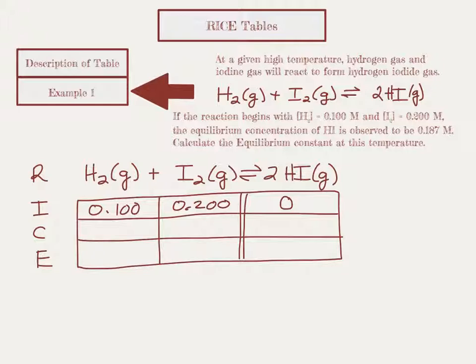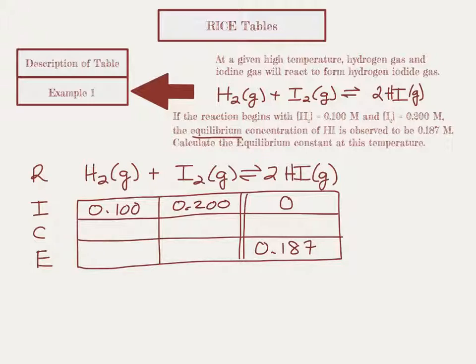However, don't get used to that, because in future problems we will have starting amounts for all of our reactants and products. Okay, next let's sort through our words. We have one more number to play with. It looks like the equilibrium concentration of the HI, so I need to put that in my E area, is 0.187 molarity.